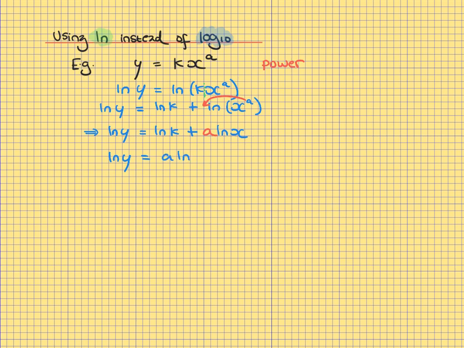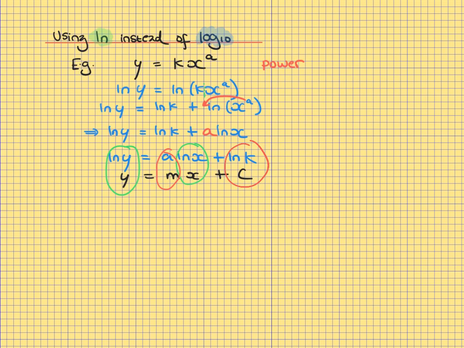So a ln x plus ln k is equal to y. And then straight away we can see y equals mx plus c. The y-axis is represented by ln y. The x-axis is represented by ln x. The gradient of the straight line is a, and the y-intercept is ln k.